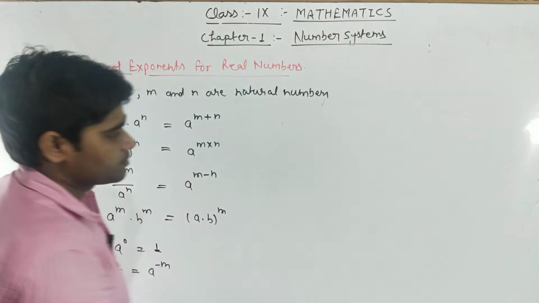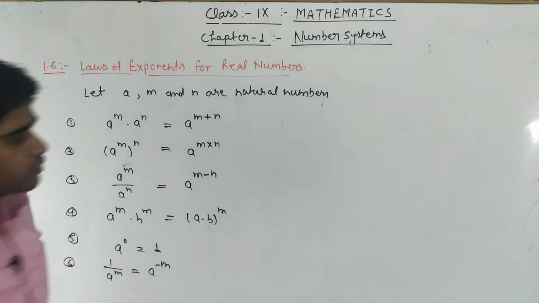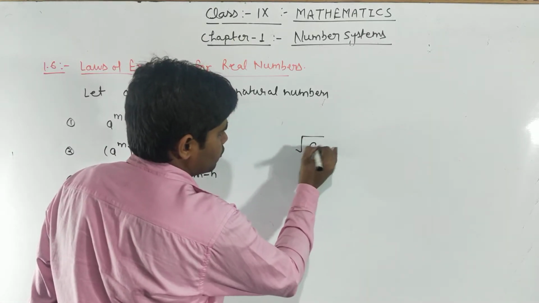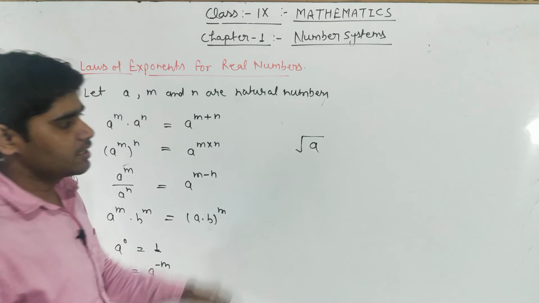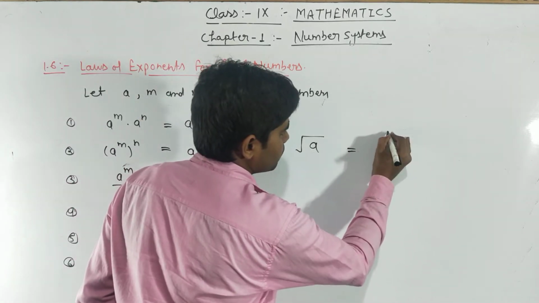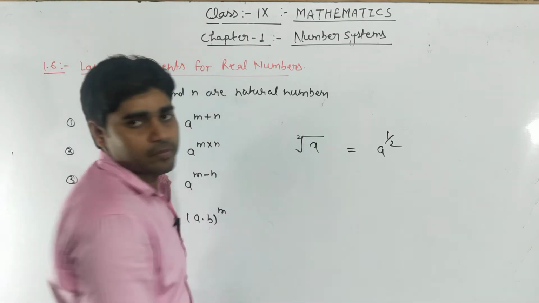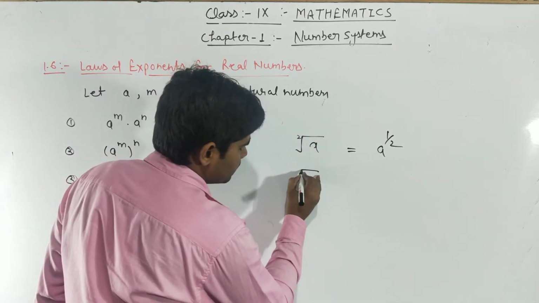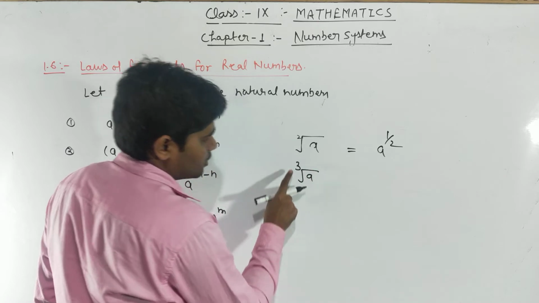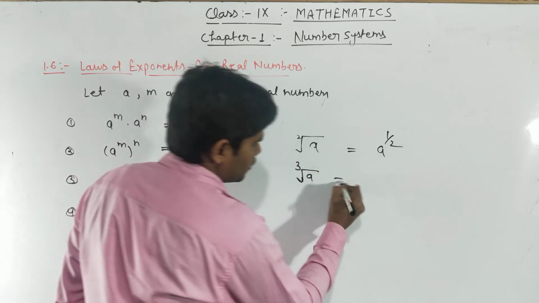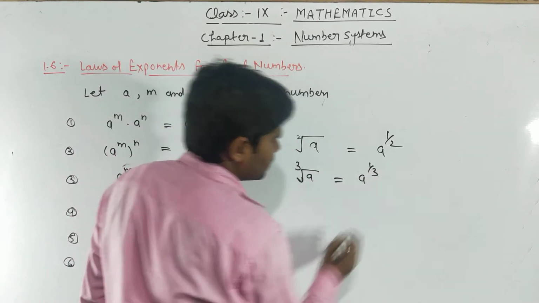Now one more thing. What is the value of this one? Root a. You can write root a in this form, a power 1 by 2, because the radical sign represents 2. Now what is the value of this one? Cube root. You can write this as 1 upon 3.